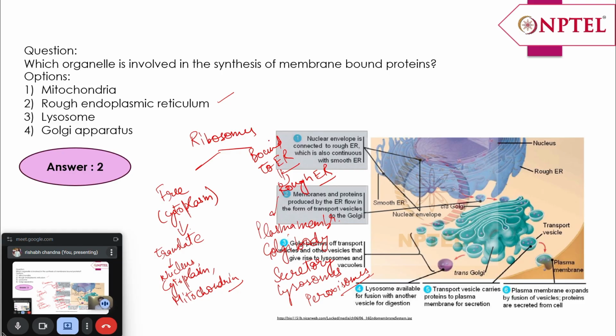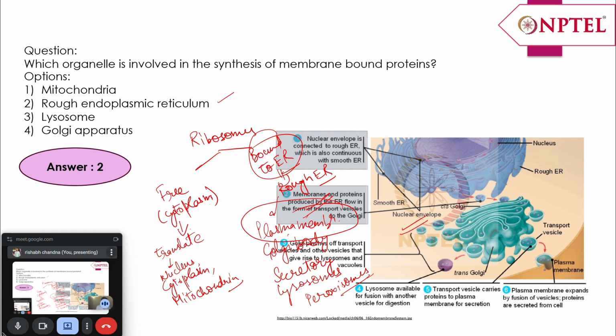So when ribosomes are bound to the ER membrane, they will produce proteins that will reach the plasma membrane. Okay, so they will directly go to the membrane and stick to the membrane.